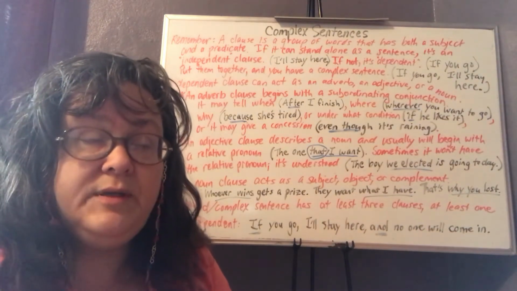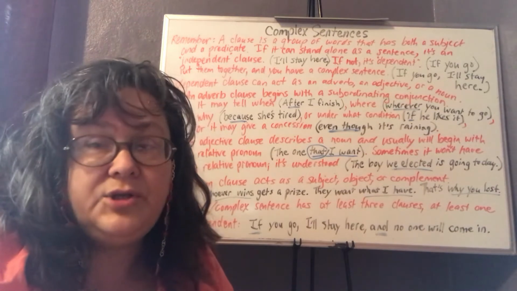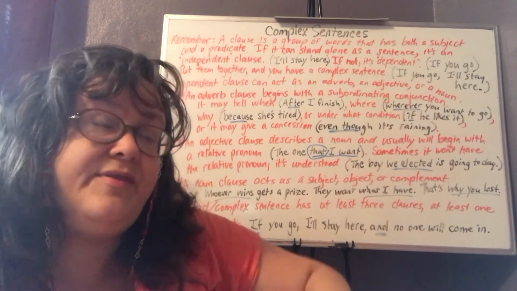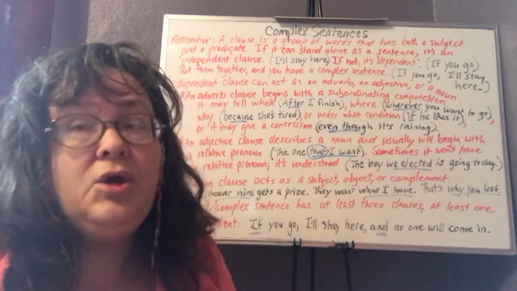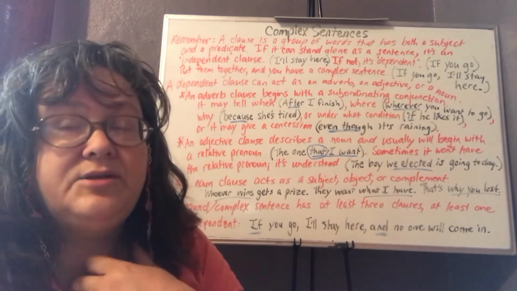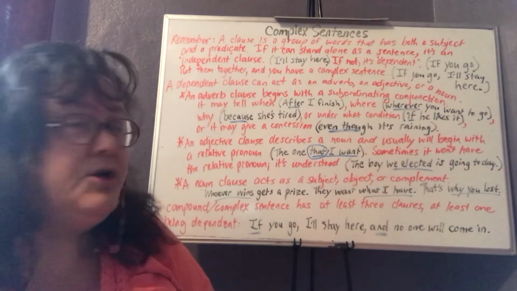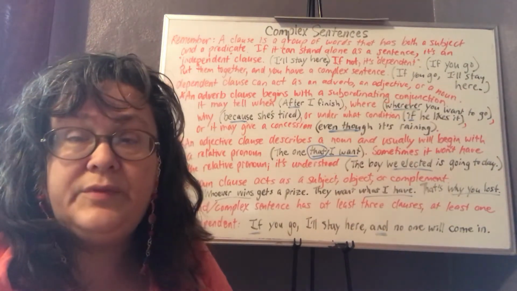So who called me yesterday? That could be a question, and it could stand alone as a sentence. But within this complex sentence, who called me yesterday is a dependent clause, and it describes the person. Okay? So think about that also.